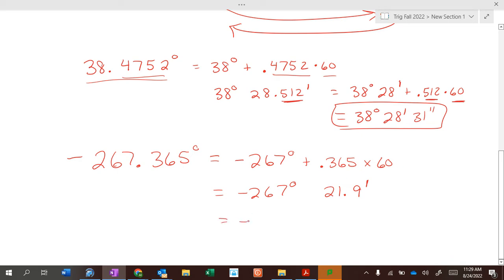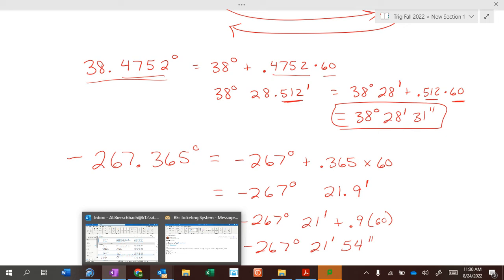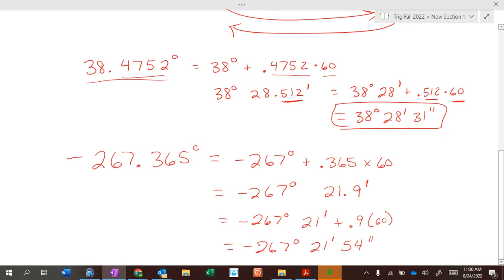Then it's going to be negative 267 degrees, 21 minutes, plus the 0.9 times 60 to get negative 267 degrees, 21 minutes, and 54 seconds. Okay, that's the easy stuff.